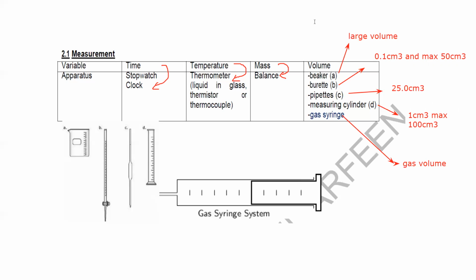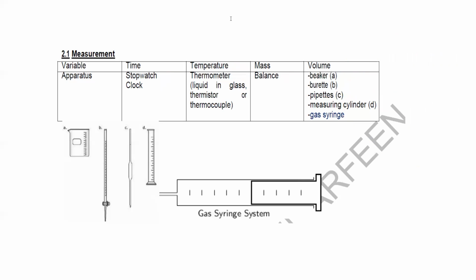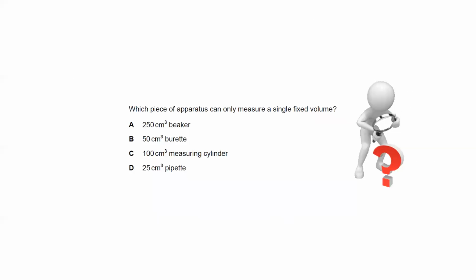Now some questions related to this part. The question is, which piece of apparatus can only measure a single fixed volume? When they mention a 250 cm cube beaker, it means the maximum value which it can record. 50 cm cube burette means the maximum value it can record. 100 cm cube measuring cylinder, the maximum value which this measuring cylinder can record. 25 cm cube pipette.